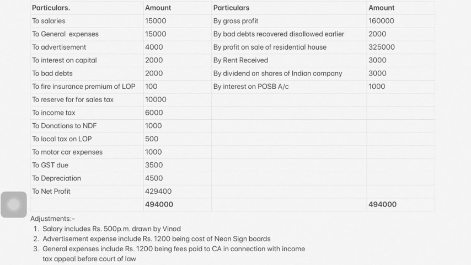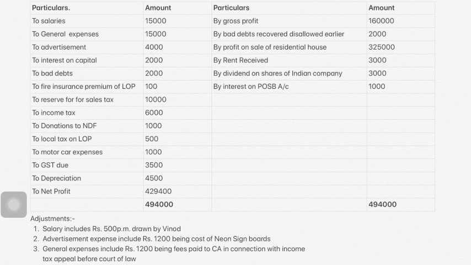And because of this 2,000, your profit is understated by 2,000. Correct? So you have to add back. When you remove an expense out, when expenses are reducing, your profit is increasing. Correct? So what you will do? You will add this 2,000 on your profit.